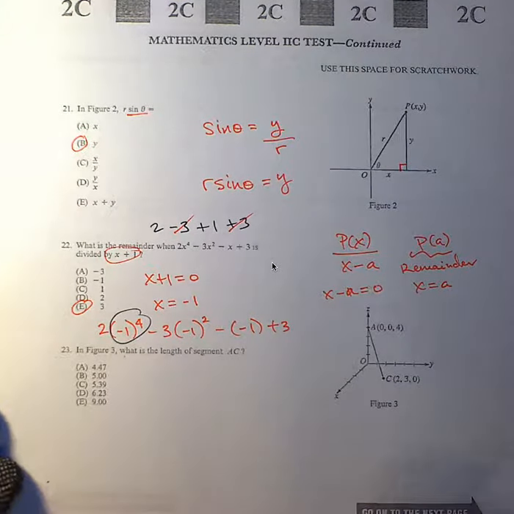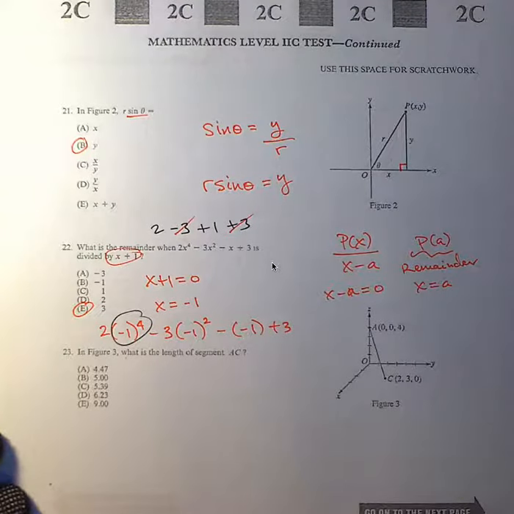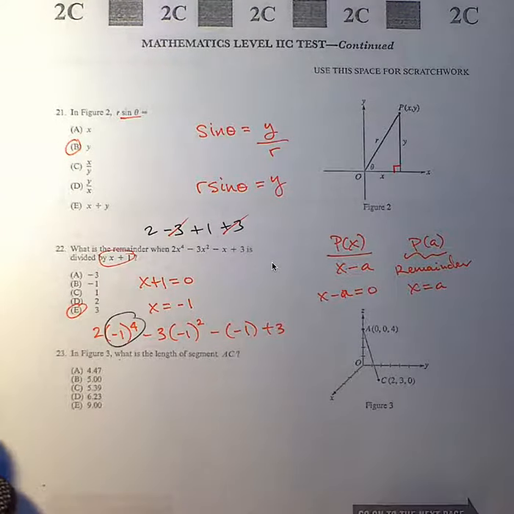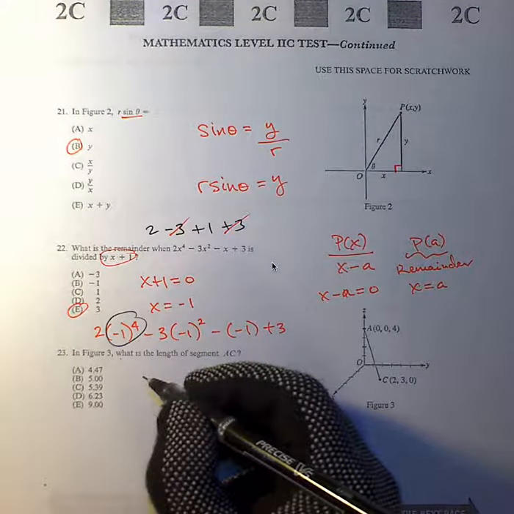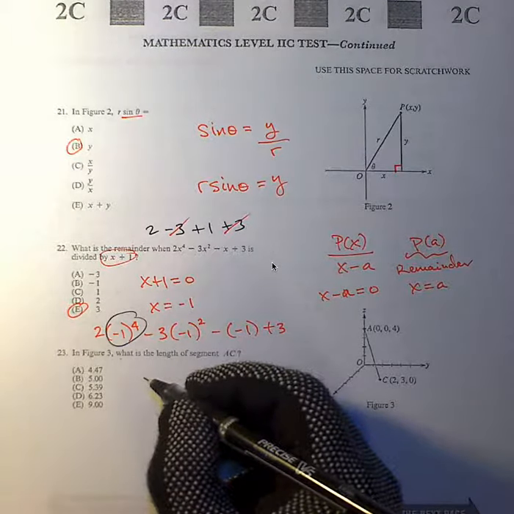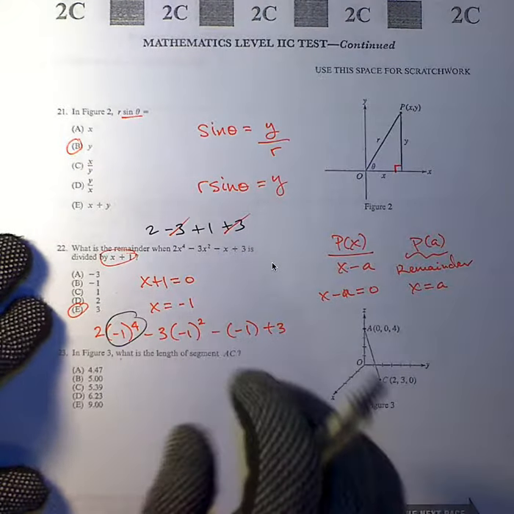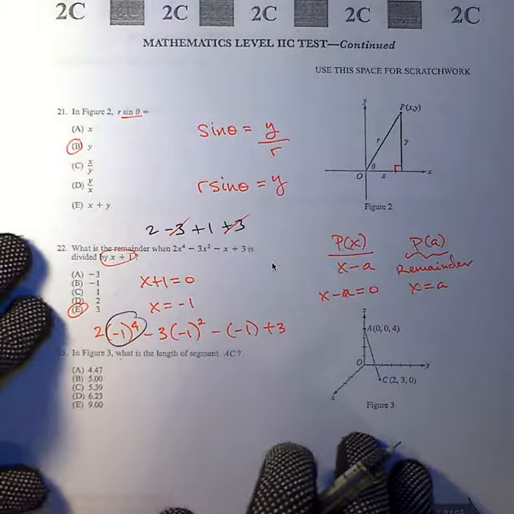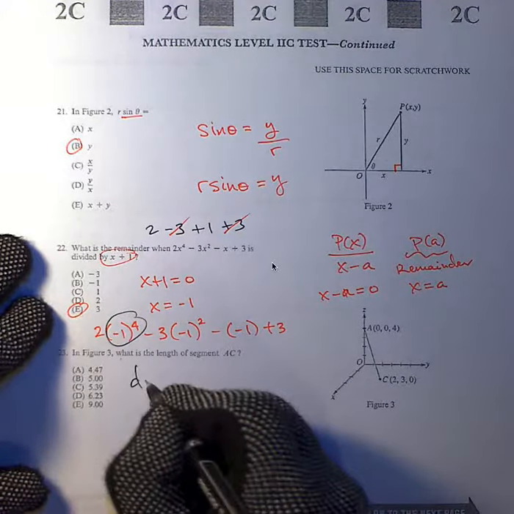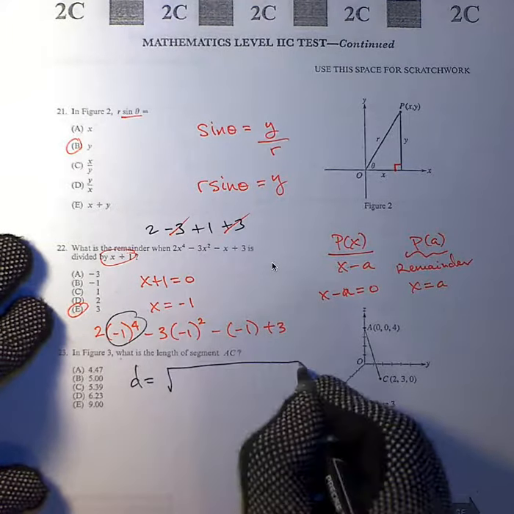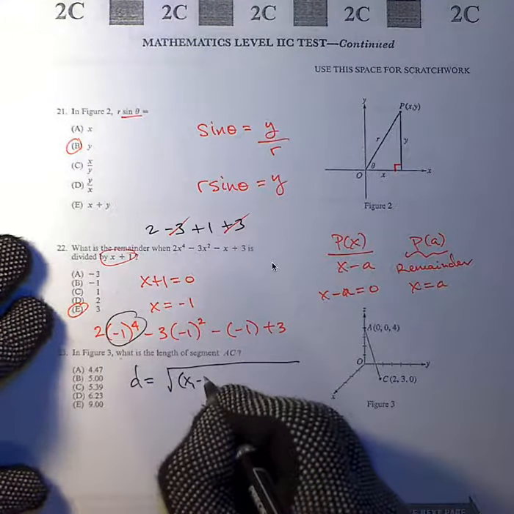Okay, cool. Now, 23. What I'll say about it is, a lot of things you know in 2 dimensions have a natural extension in 3 dimensions. The same is true, for example, for the distance formula and the midpoint formula. Their 3-dimensional counterparts are very similar to their 2-dimensional counterparts. So here, the distance formula d in 3D is going to be the square root of x1 minus x2 squared.